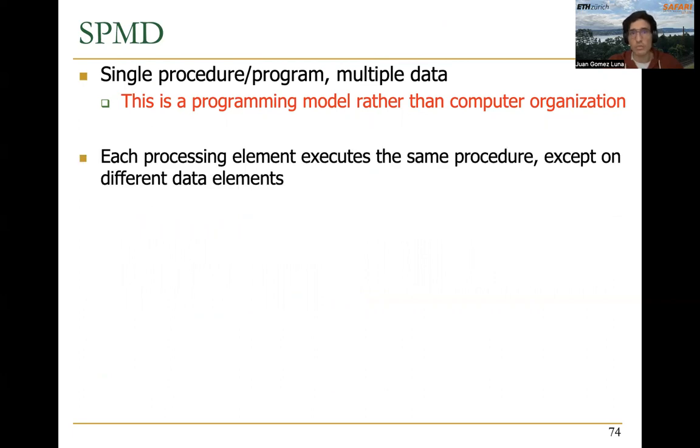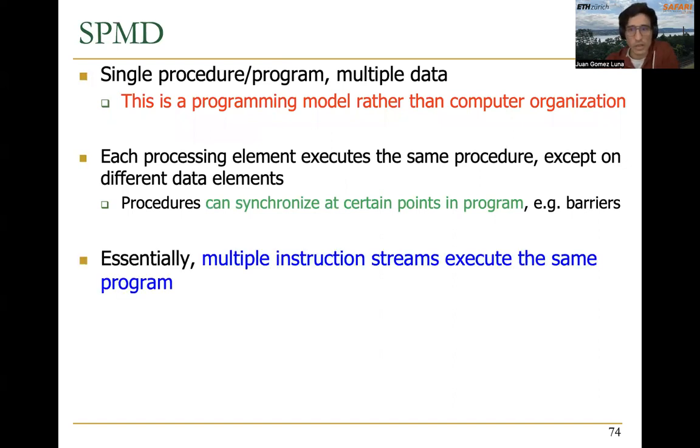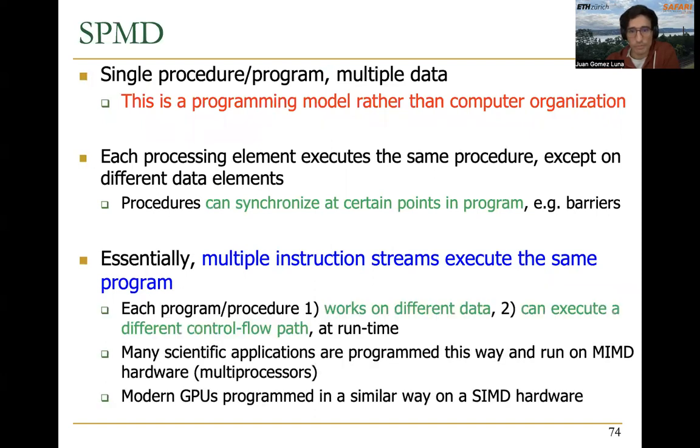SPMD is a programming model where each processing element executes the same procedure. These procedures are called threads, and they can synchronize at certain points in programs using barriers, and we are going to talk about barriers starting from the next lecture. These multiple threads or instruction streams execute the same program.